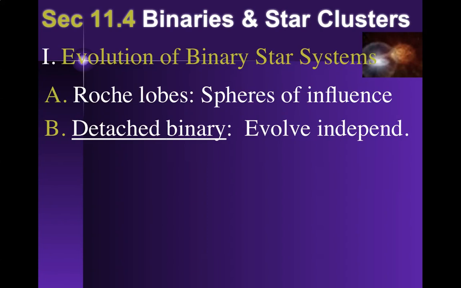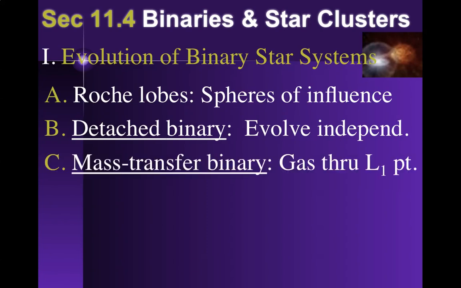It gets more exciting when the two Roche lobes sort of overlap. When the stars are, for example, close enough together that the Roche lobes overlap, in which case, if one star evolves first, the more massive one, it swells up into a red giant, let's say, its material can start streaming over onto its partner star.